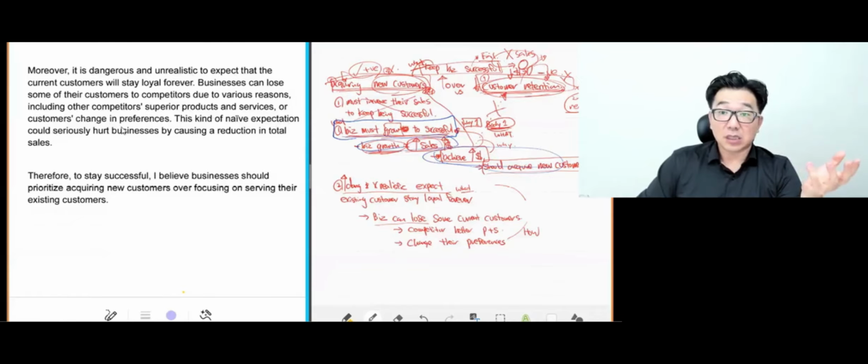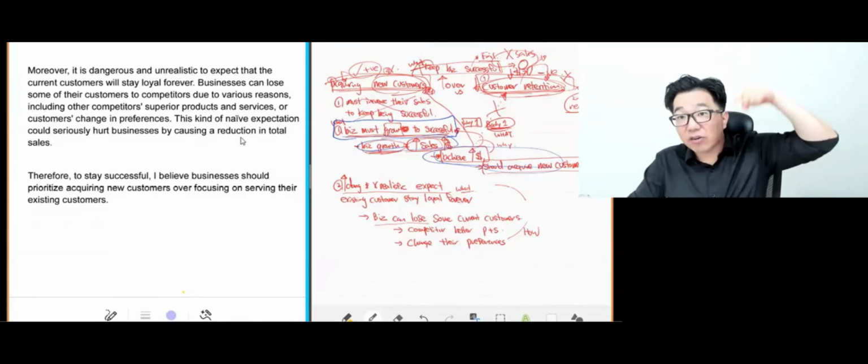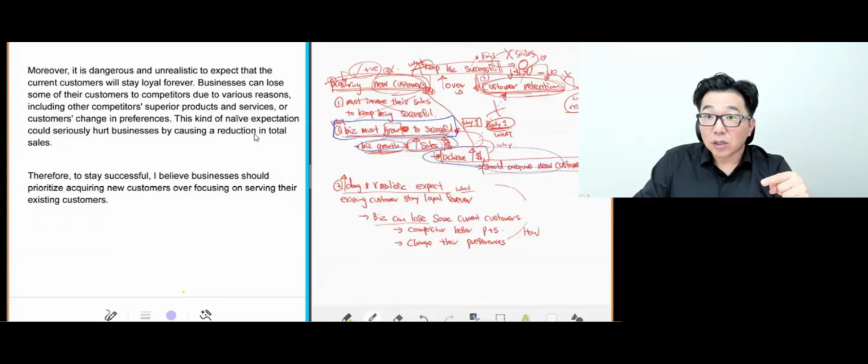our businesses by causing a reduction, decrease in total sales, total revenue. We discussed this already when we were brainstorming, right? For business, purpose of the business is to make profit.